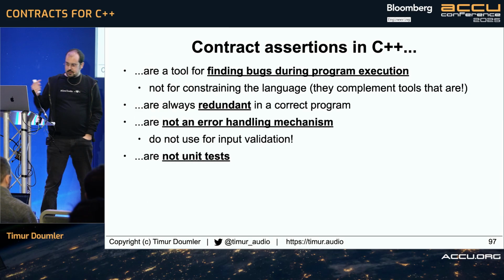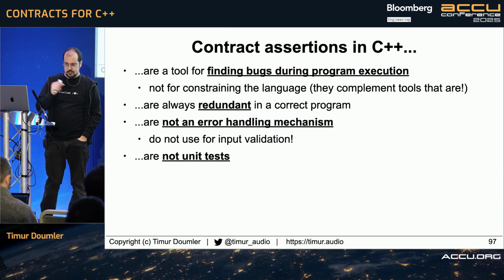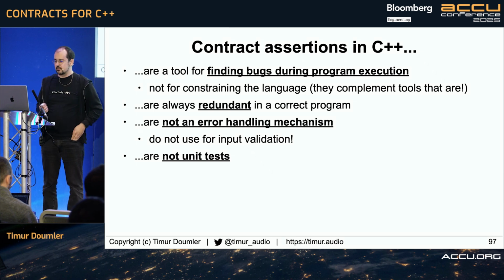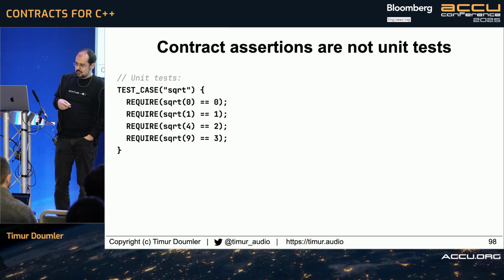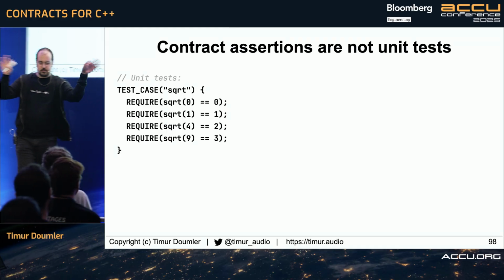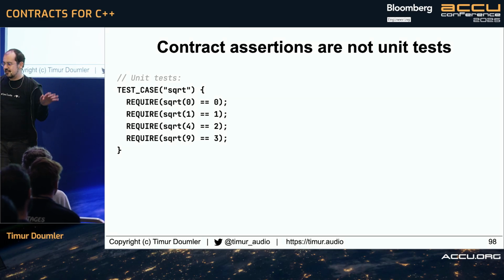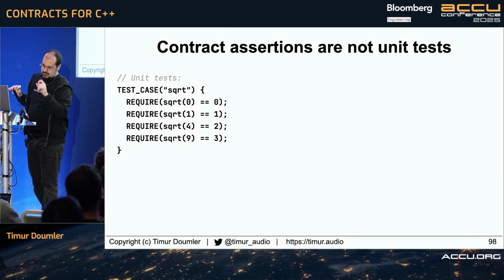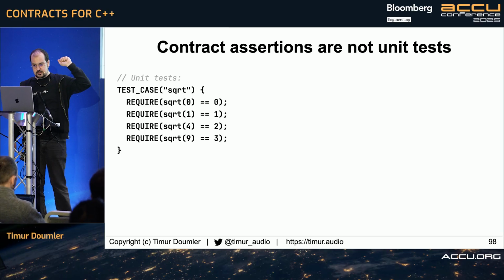The other thing that contract assertions are not, they are not unit tests. That's another thing that, particularly when it comes to postconditions, people tend to confuse a little bit. So if you have, for example, a function that computes a square root, and I'm going to gloss over the existence of floating point for a minute here, and just say, okay, you've got a square root function, and you write a bunch of unit tests to make sure it's correct.